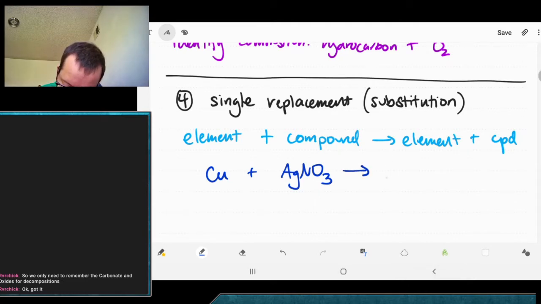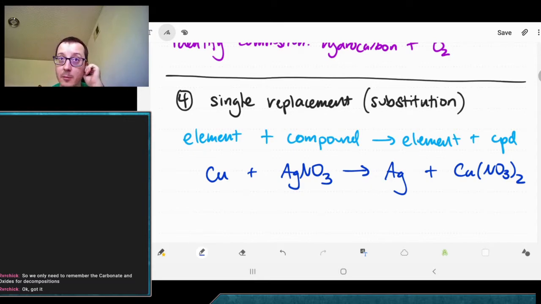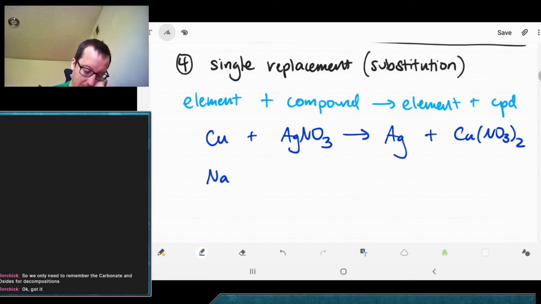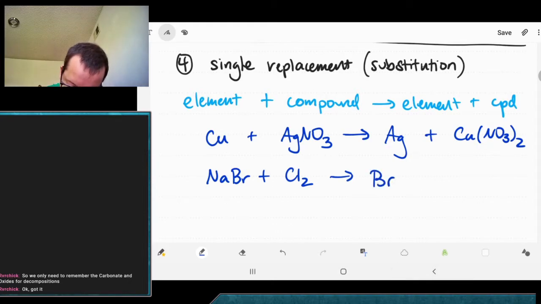When we do this, we're going to end up kicking out our silver and substituting in our copper. Or let's say we have sodium bromide plus chlorine. In this case, I've reversed it, compound and element. Remember, it's addition, you can just swap them, doesn't really matter. We're going to get out bromine.